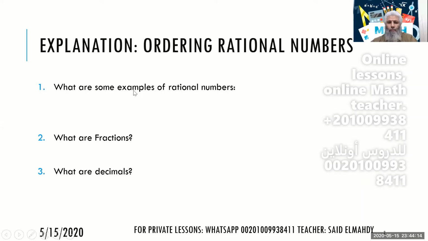What are some examples of rational numbers? Some examples of rational numbers are 1 over 2, this is 1/2, 0.5, 1 over 3, 2 over 3, and so on. Any fraction, like 1 over 4, 2 over 4, 3 over 4, 4 over 4, and so on.